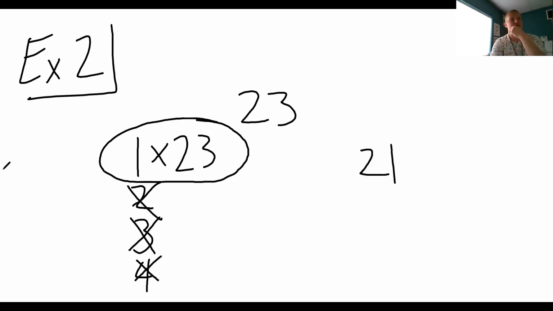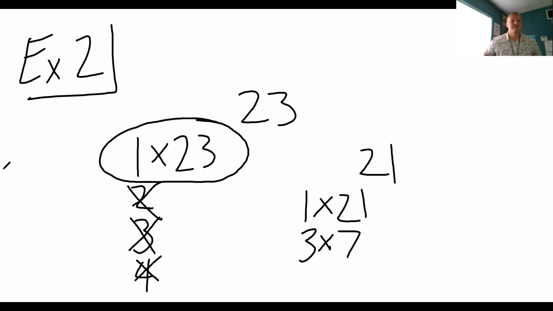So what are the factors of 21? Ian? 3 times 7. Yep. And that's it, right? So 1 times 21 and 3 times 7. So just because it's an odd number doesn't mean it's a prime number.